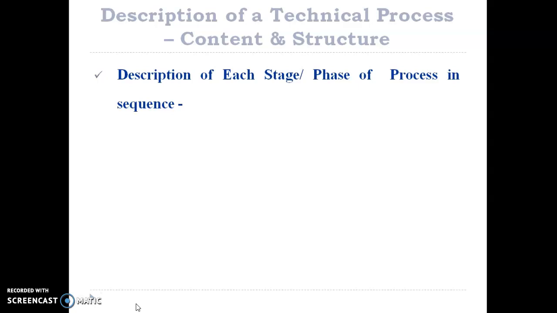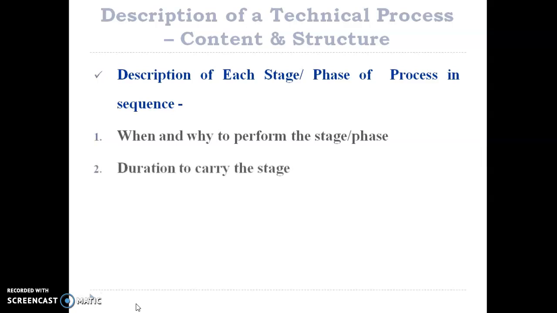While you describe each stage or phase of a process, make sure you write when and why to perform that particular stage or phase, and the duration required to carry out that particular stage in the process. And lastly, you should also mention if there is any need of human intervention while the process is carried out.